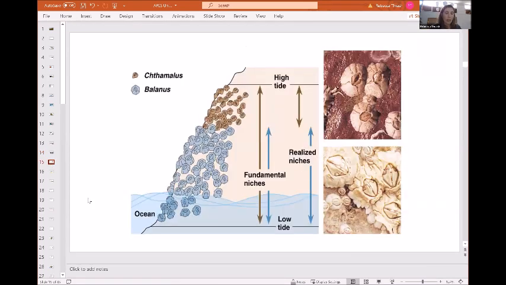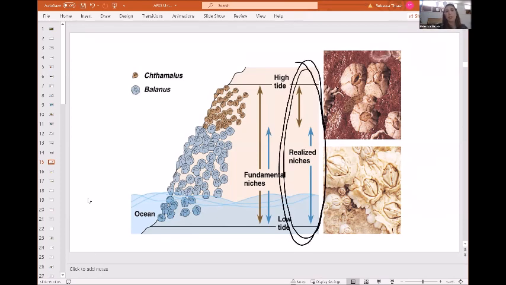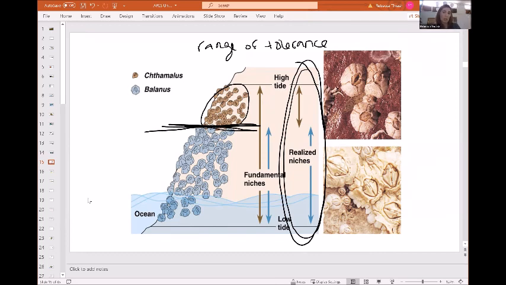So the realized niche is where the organism actually occupies, but oftentimes they've got a wider range that they can exist in. And this goes back to that idea of range of tolerance that we talked about earlier. So maybe this type of barnacle here could live at this entire distribution along this rocky outcrop, but you've got a biotic condition here, which is competition, which separates those niches.